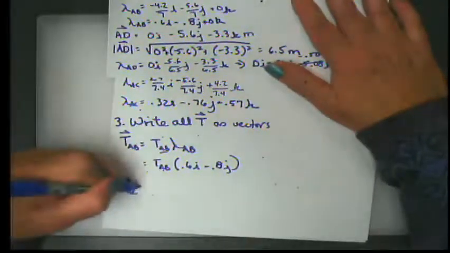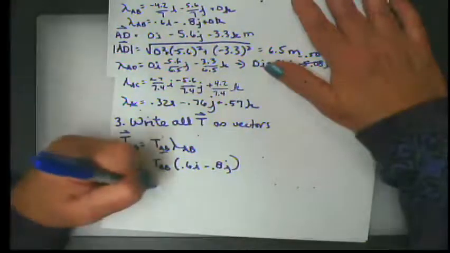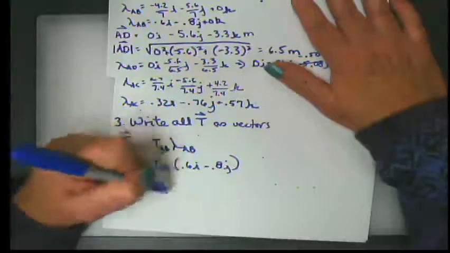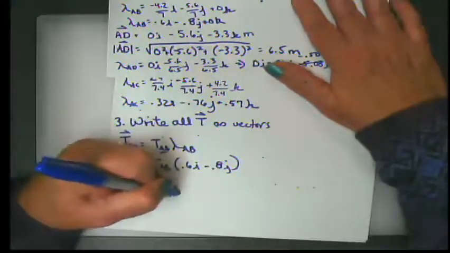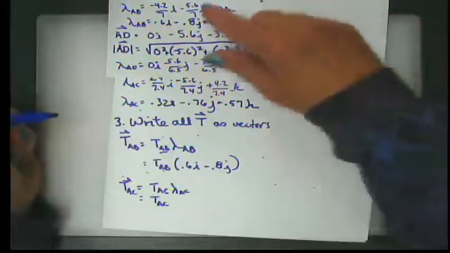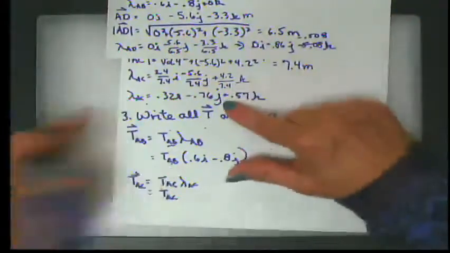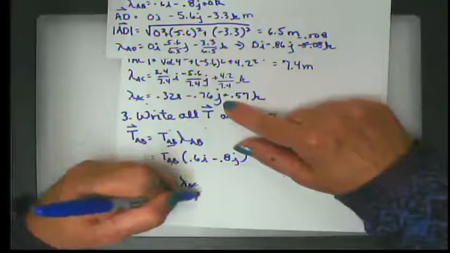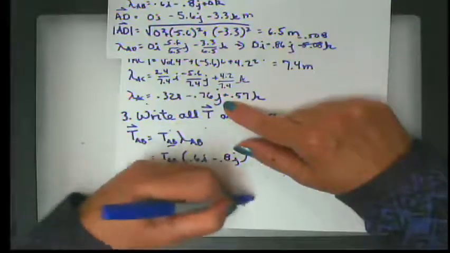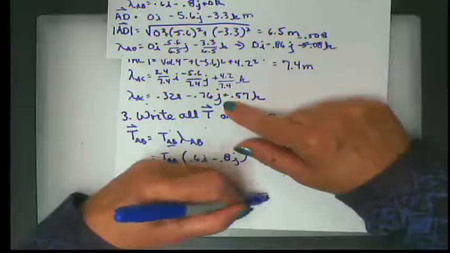All right. TAC is equal to the magnitude of the tension TAC times lambda AC, which, once again, we don't know, but we know that lambda AC is 0.32i minus 0.76j plus 0.57k.